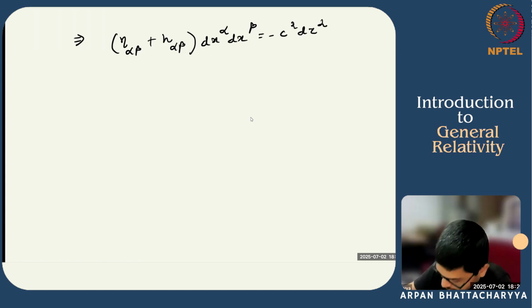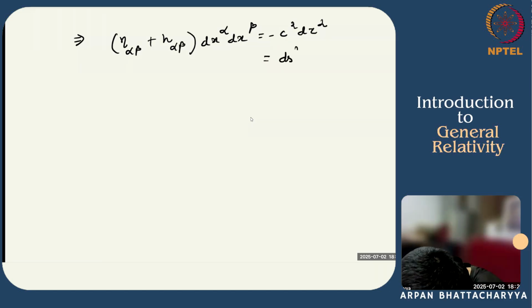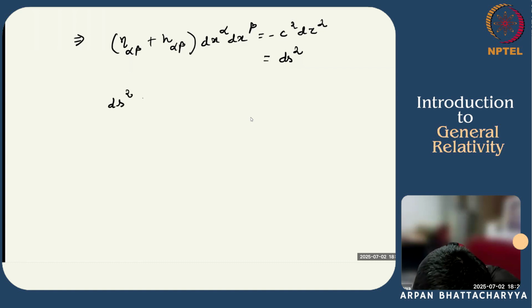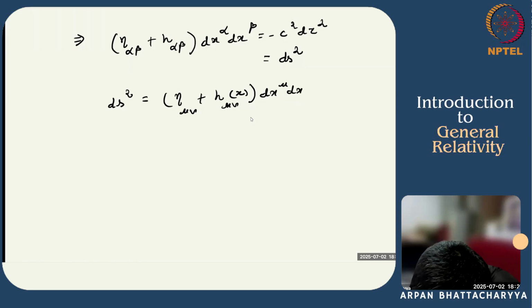Now what is this? We can identify that this is nothing but the infinitesimal line element between any two points on this world line, nothing but ds square, the infinitesimal square line element. Now we can see from here that ds square is equal to eta mu nu plus h mu nu, which is a function of x, dx mu dx nu.